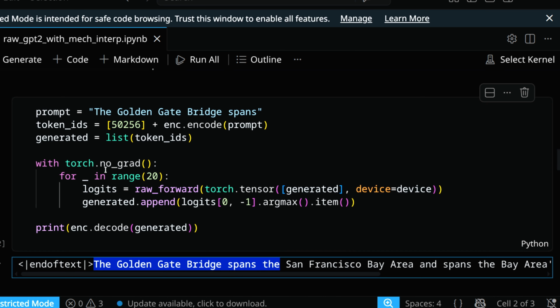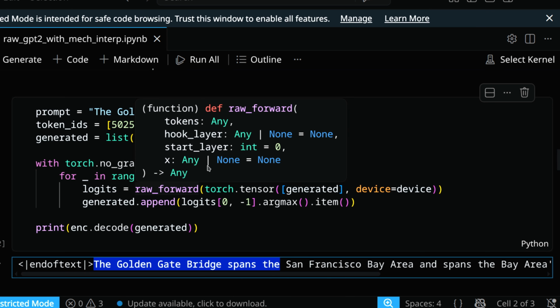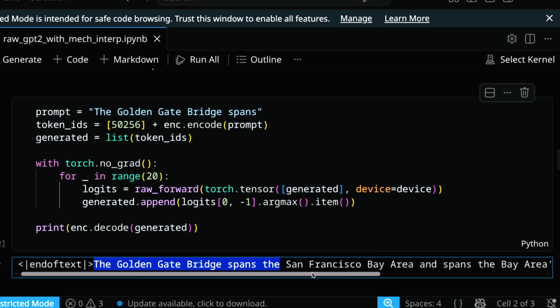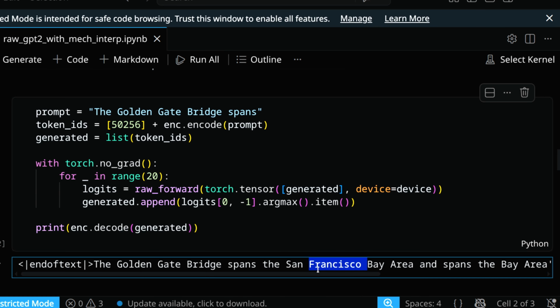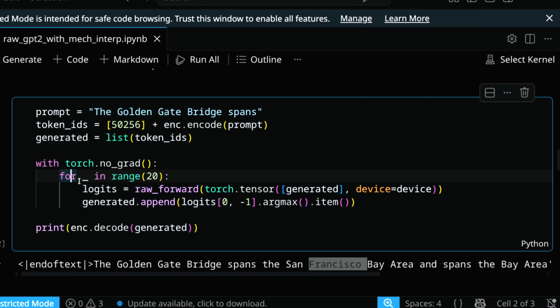All of this will go into the forward, and it'll process and predict the next word, which is San. And then all of that will be in this list because it'll append San to this list. And all that will go into the raw forward and predict Francisco is next, and so on. And it'll do that 20 times because it's using a for loop and it's set to do it 20 times.